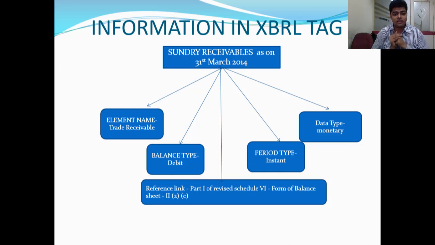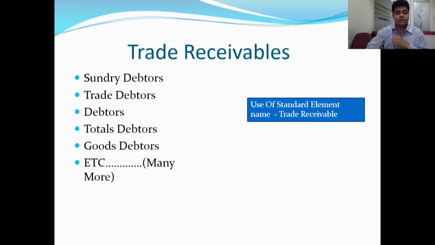Now the other question: why is it useful? Why are we using XBRL? We are using the element name trade receivables for various names like sundry debtors, sundry receivables, total debtors, and good debtors, but we use only one name, that is trade receivables.